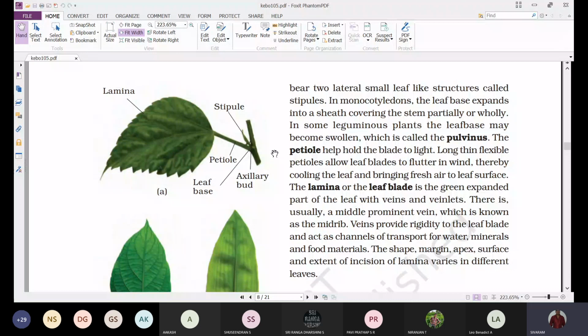And in some plants, the leaf base will encircle the stem or whorl around the stem. Such a leaf base we call a sheathy leaf base. It is observed in most of the monocotyledonous plants.